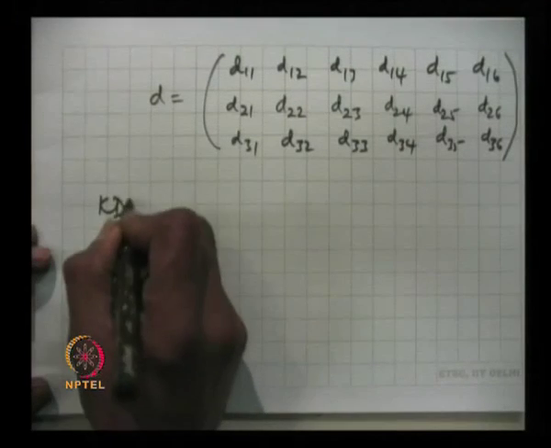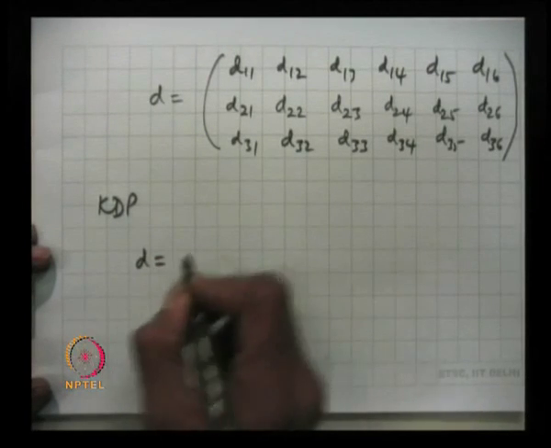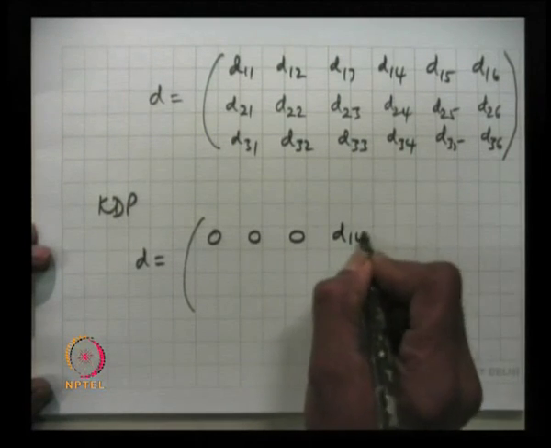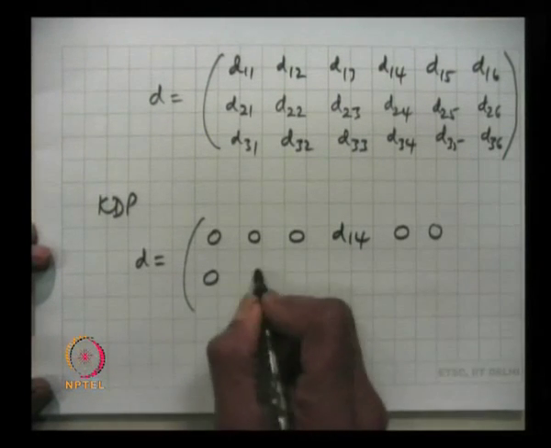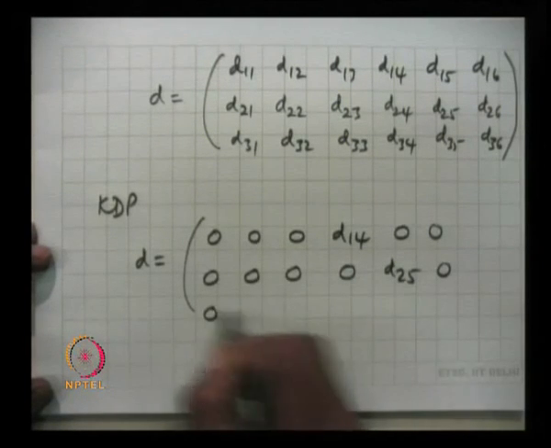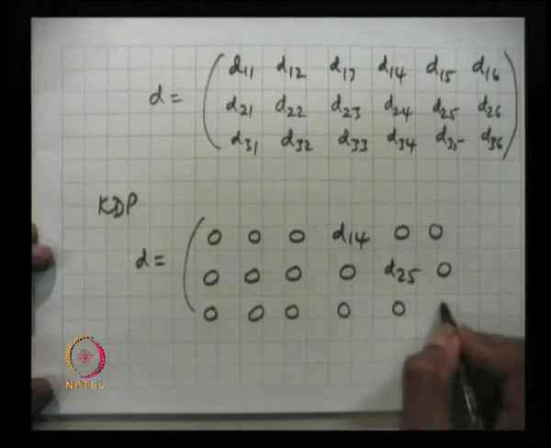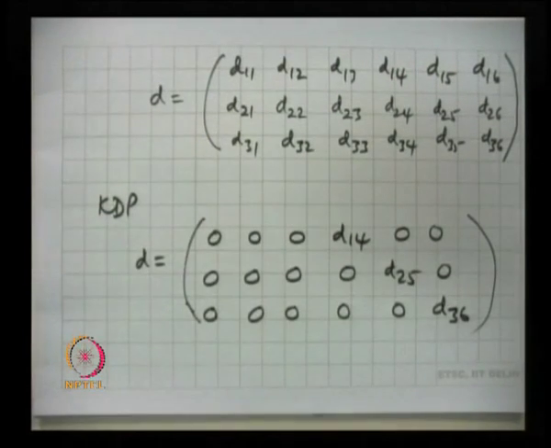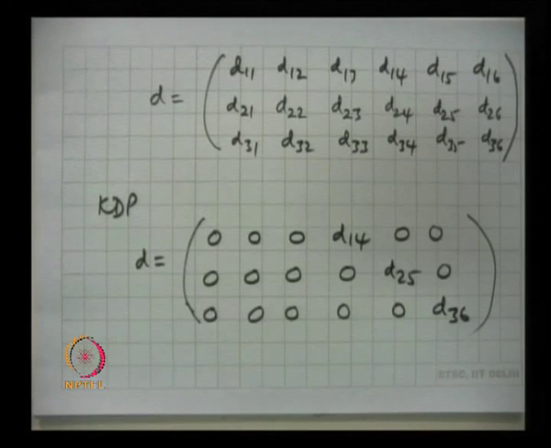So, let me give you for KDP, potassium dihydrogen phosphate. There are only 3 non-zero elements.